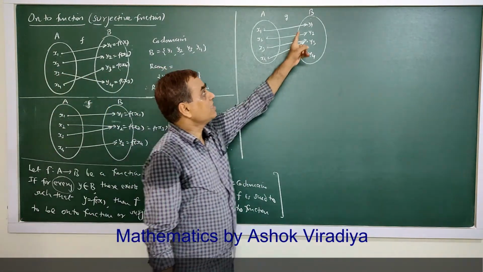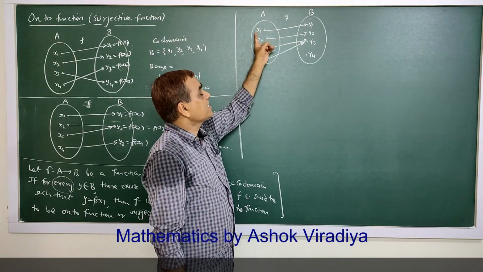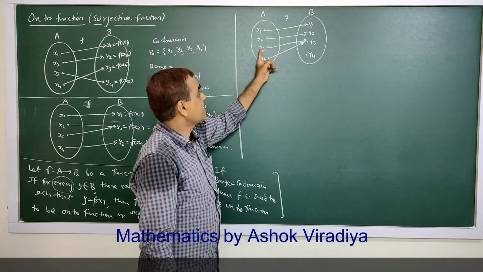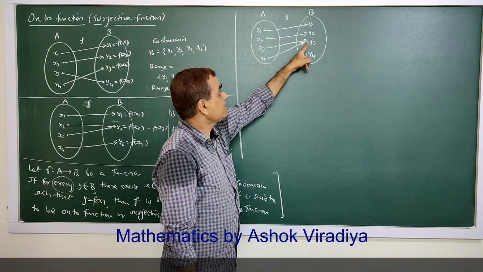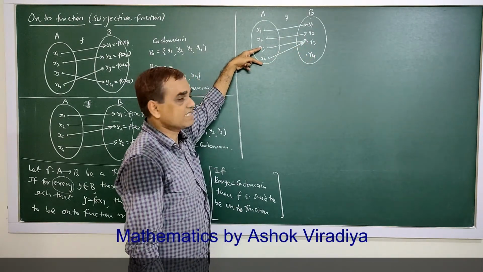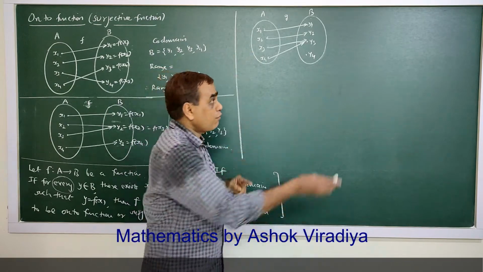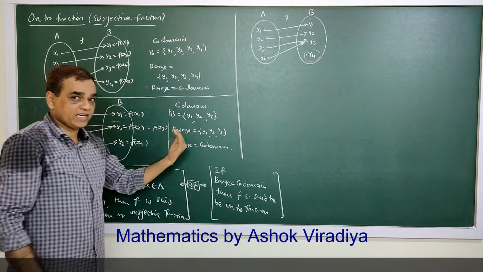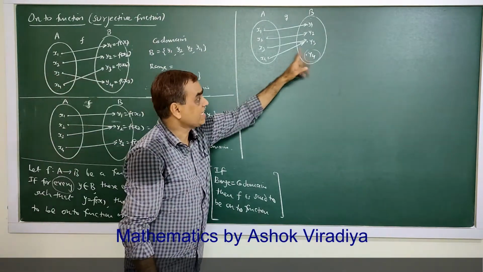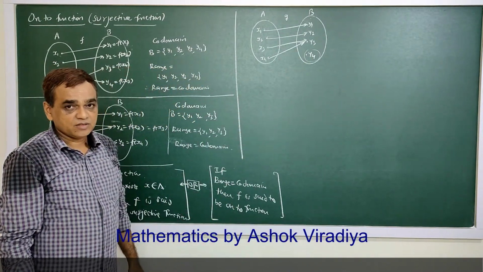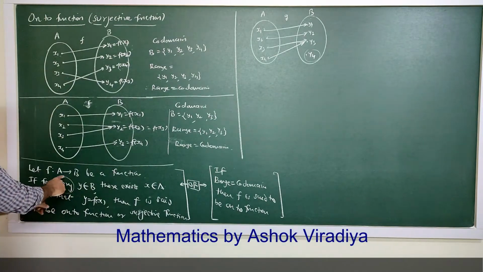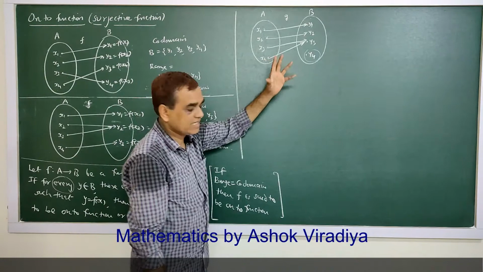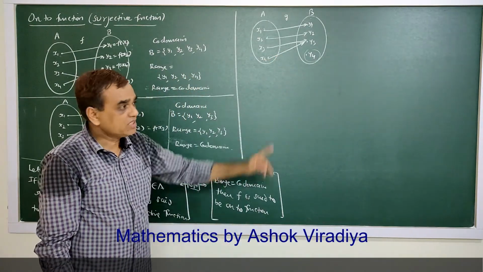So here for this y there exists x, for this y there exists x, for this y there exists x, for this y there exist two inputs x, but for this y there does not exist x in domain whose image is this y. So here this 'every' is not satisfied. Something is left in codomain. So this is not onto.